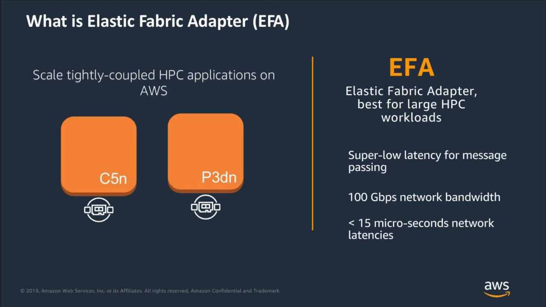EFA is optimized to work on the existing AWS network infrastructure without modification to your code, and it can scale depending on application requirements. Most applications will work as is once a supported version of MPI is made available to that application. You can see the EFA logo attached to the C5N and P3DN instances in the chart.